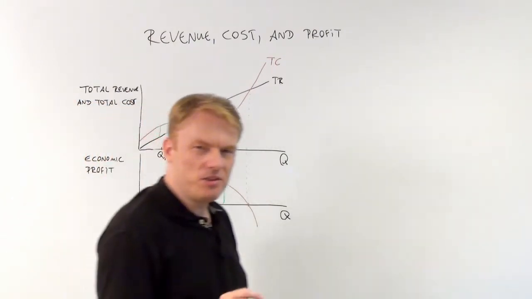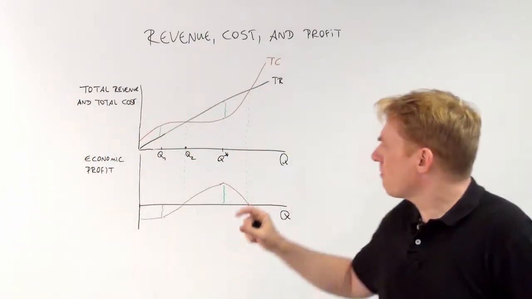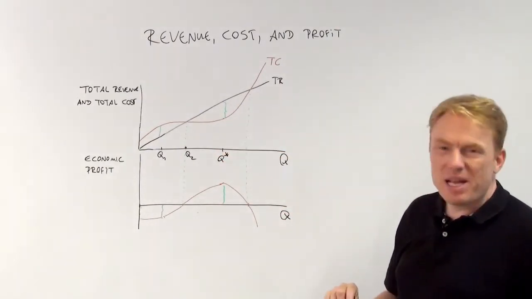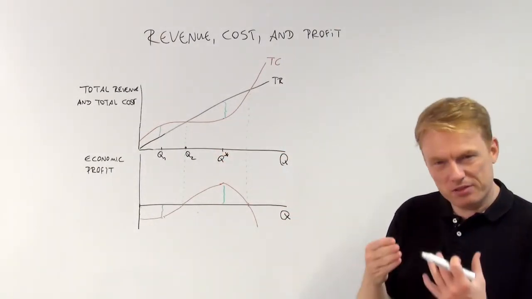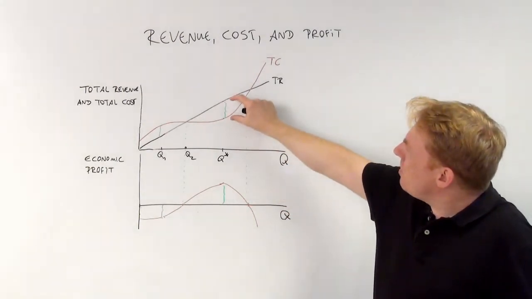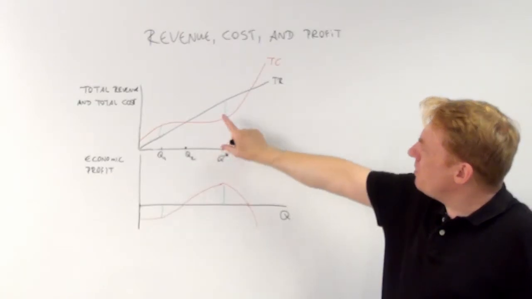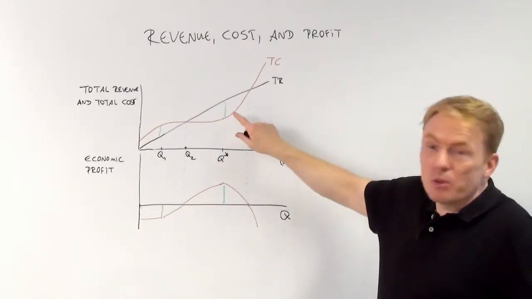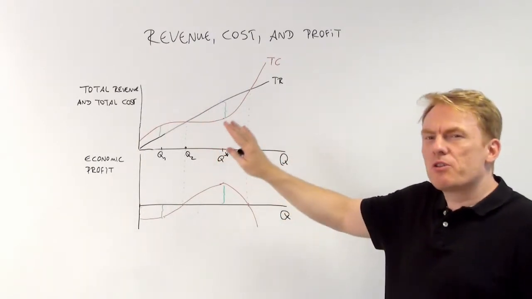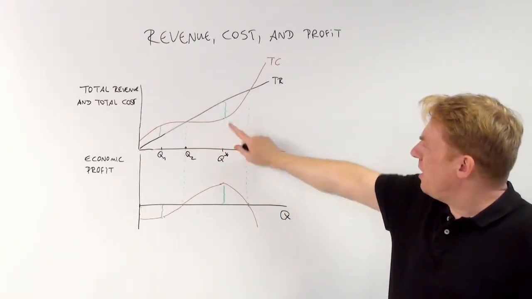So the quantity Q star indicates a profit maximizing quantity. It's the profit maximizing quantity because the difference between total revenue and total costs, there is no larger one. In this entire graph, there is no larger difference than here.